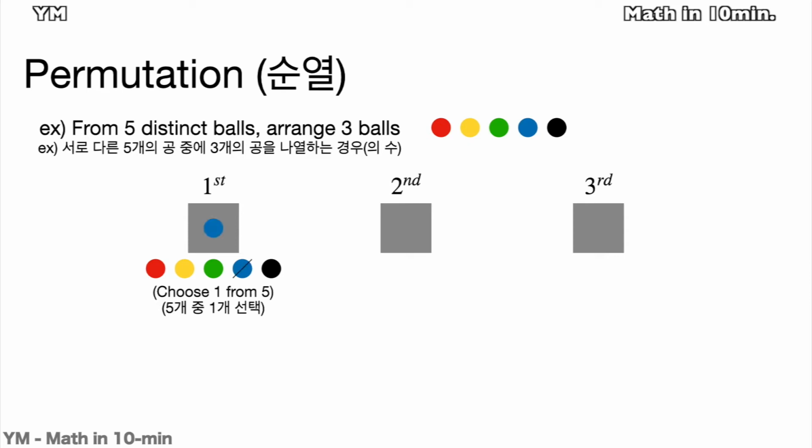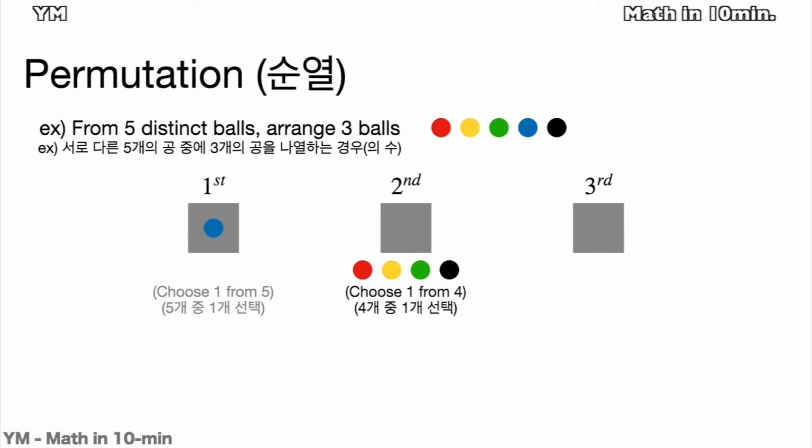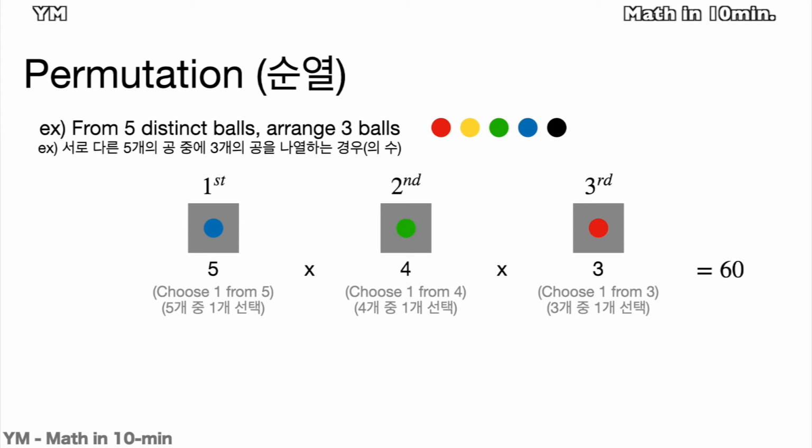Once you choose a ball, you can choose one of the rest 4 balls in the second row, and then you can choose one of the rest 3 balls in the last row. As you've seen, you have 5 options for the first row, 4 options for the second row, and 3 options for the last row. Then multiplying these, you get 60, the answer of this problem.